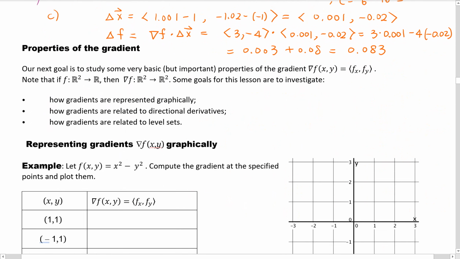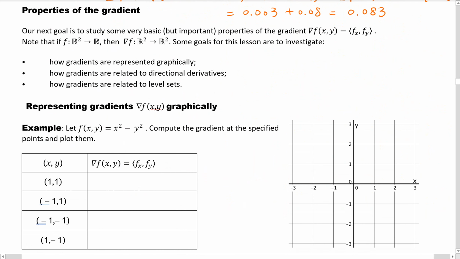Let's continue to look at the properties of gradients. Our next goal is to study some very basic but very important properties of the gradients. So the gradient is partial f partial x, comma, partial f partial y. Note that if f is a function from R2 to R, then the gradient is a function from R2 to R2.